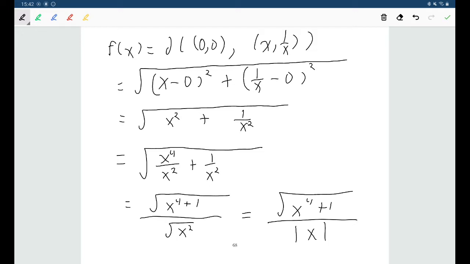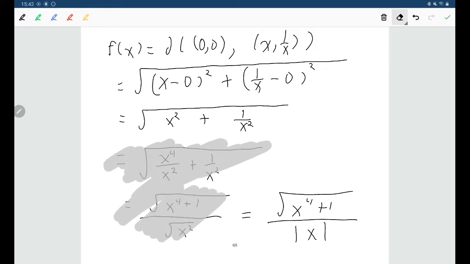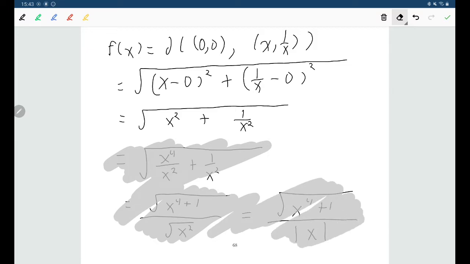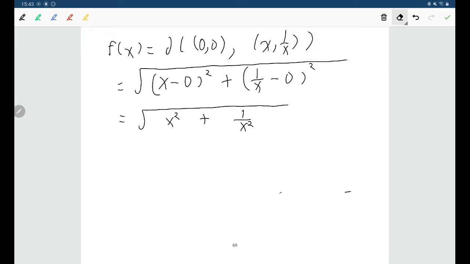So in a sense, you might be better off skipping that simplification and just leaving it in that first approach that I had, as the square root of x squared plus 1 over x squared. That way you're not likely to make that simplification mistake.